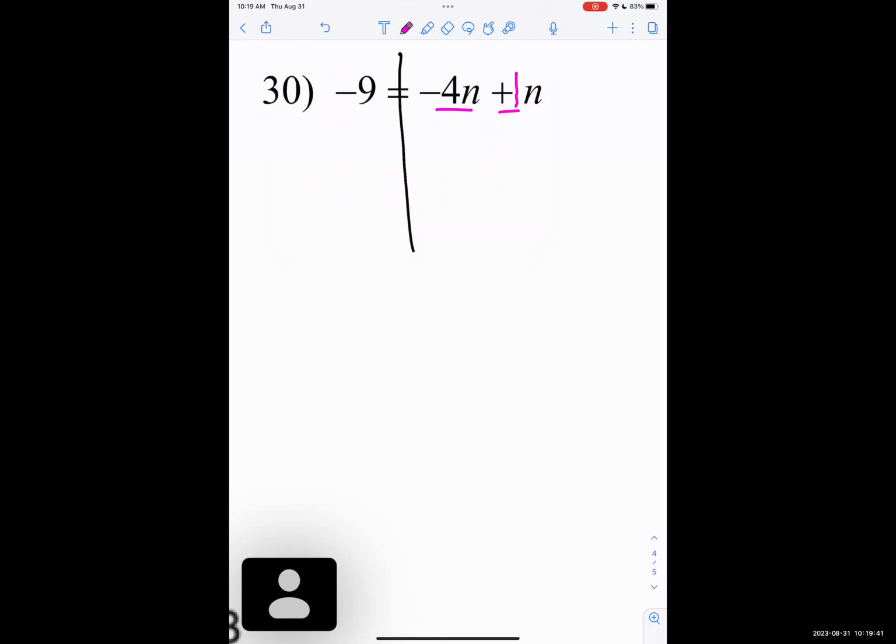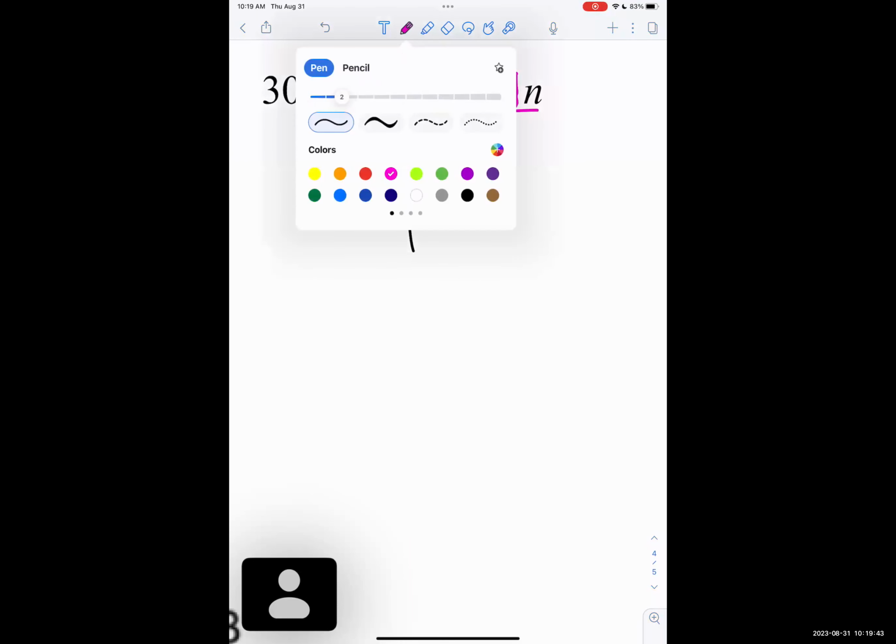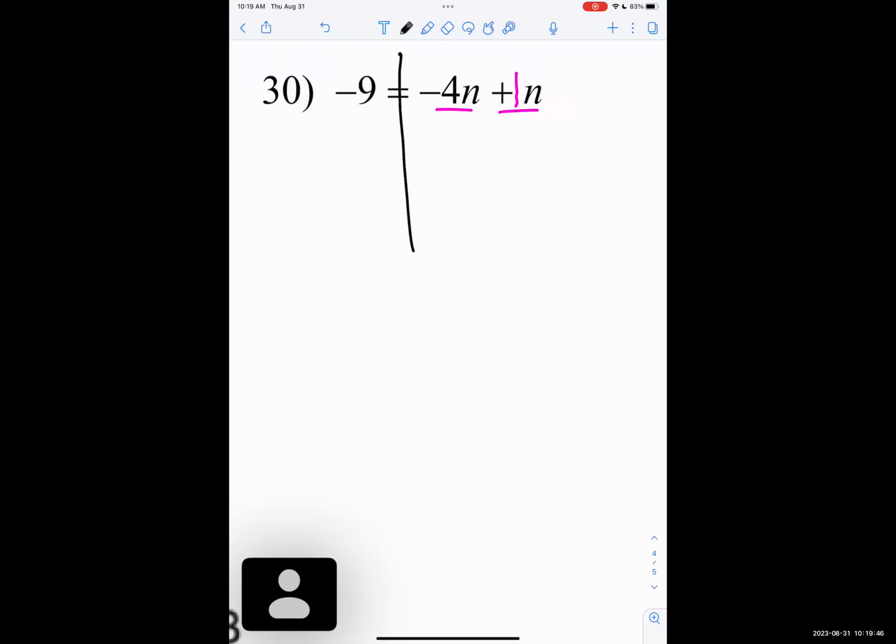Negative 1 plus 4 is negative 3n. Isolate, divide by negative 3. And I lead with my variable, n is equal to negative 9 divided by negative 3. Those negatives cancel, and I get 3.